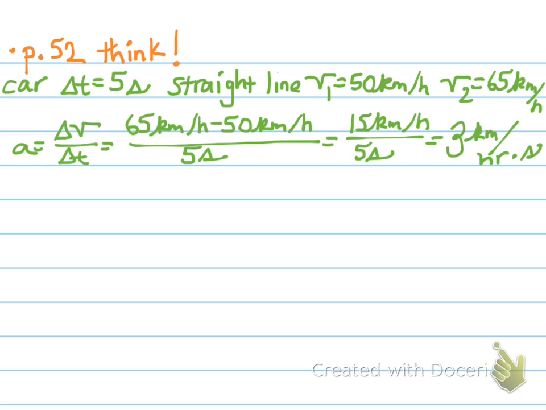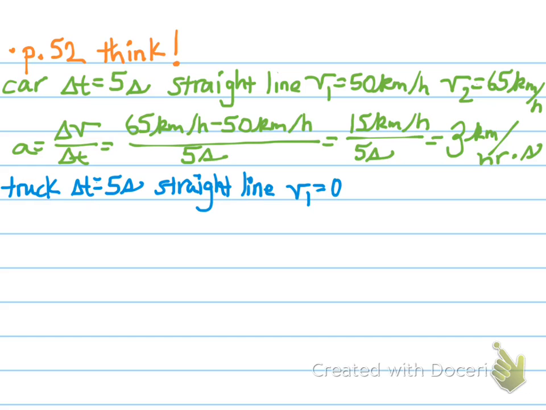So then if we take a look at the truck, it's also in a time of 5 seconds. It also told us it was in a straight line. Here our initial velocity is at rest, which is 0. Our final velocity is 15.